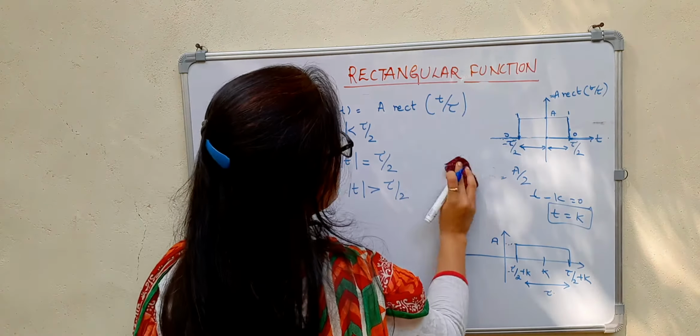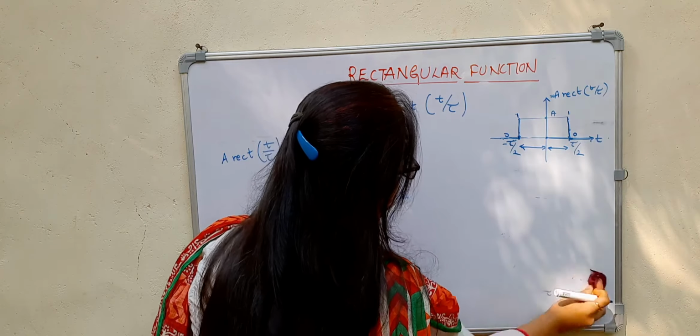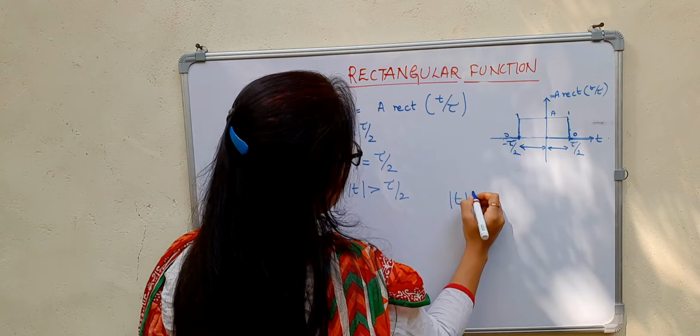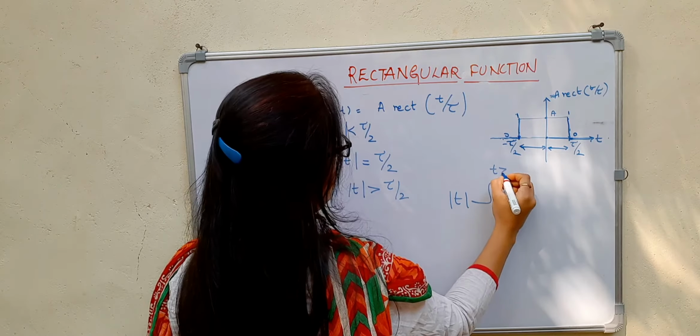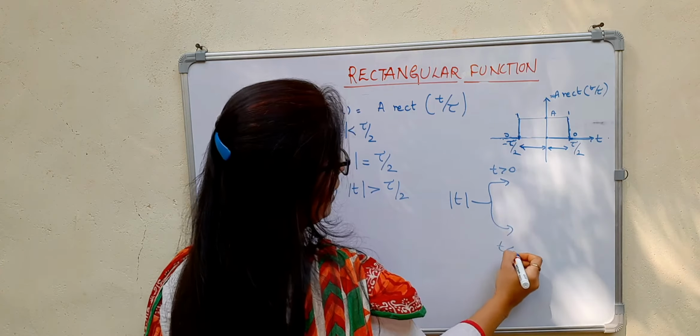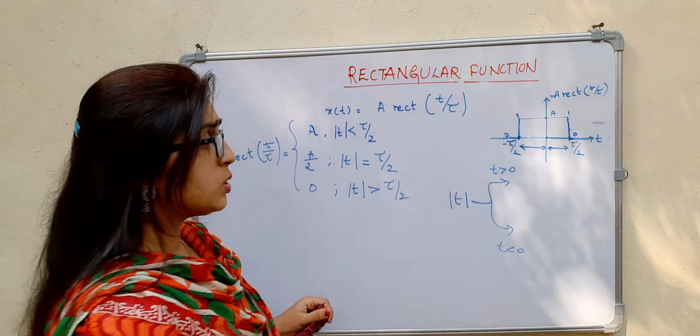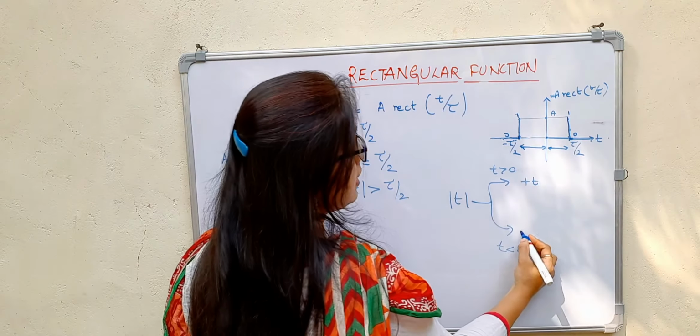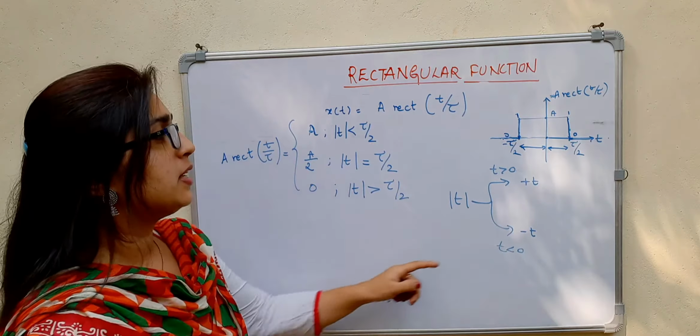Mod t, for t less than 0 and greater than 0, will have two values, right? For t greater than 0 I will consider it as plus t, and for t less than 0 I will consider it as minus t.